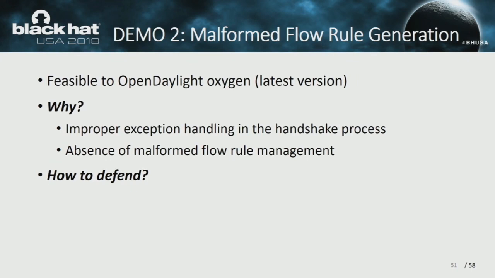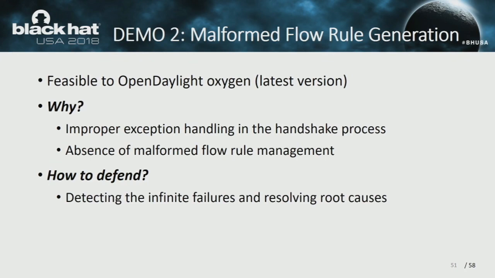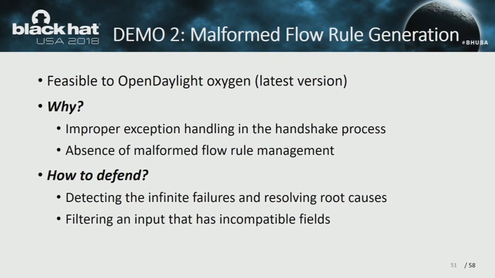So to defend against this attack, we think that ODL should detect the infinite failures of the handshake process, and it needs to locate and resolve the root problem, not just repeat meaningless tasks. And also, ODL should filter input flow rules when it receives an incompatible field from the application. For example, in the previous attack, the group action field is a feature of OpenFlow 1.3, even though the switches are using OpenFlow 1.0.